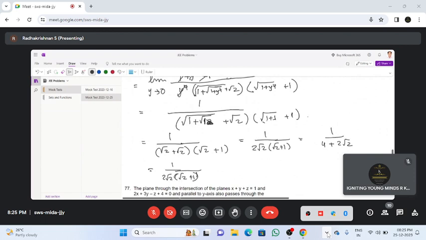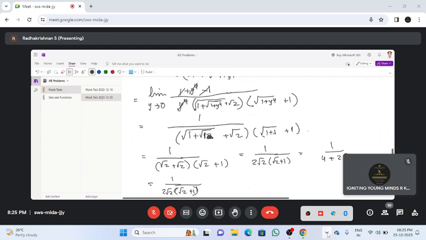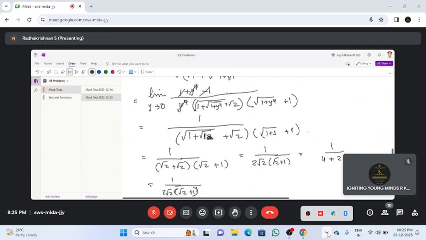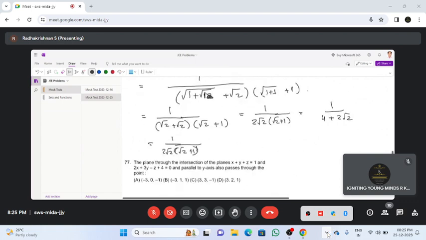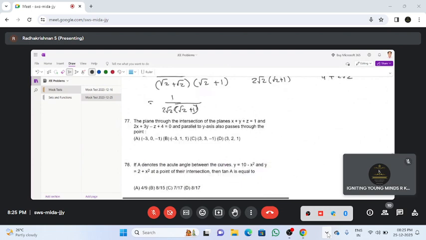So I am getting this 1 by 2 root 2 into root 2 plus 1. Just check it out, since in another method, Santana Miraj is getting another answer. Just like homework, please try to do this and see which is correct.